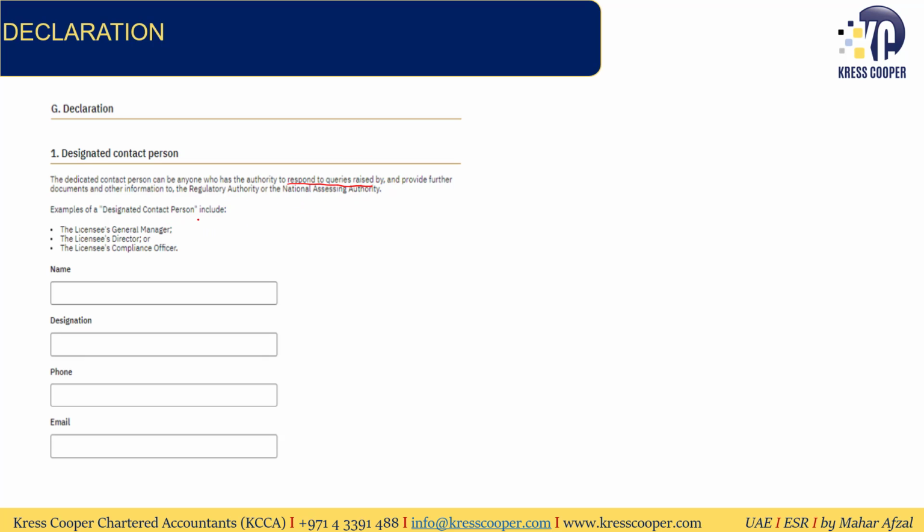We need to provide their name, designation, phone and email address. This person can be the general manager, licensee director, or licensee compliance officer, or any other person who has the authority to reply to the queries, or to provide further information and documents to the regulatory authority or national assessing authority.